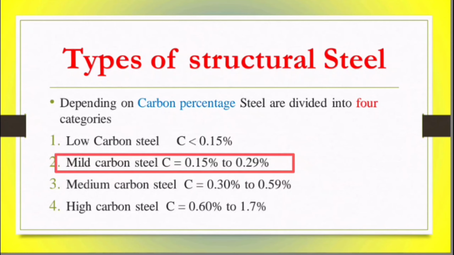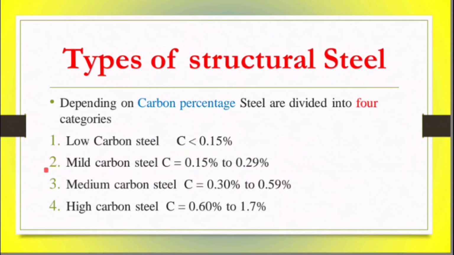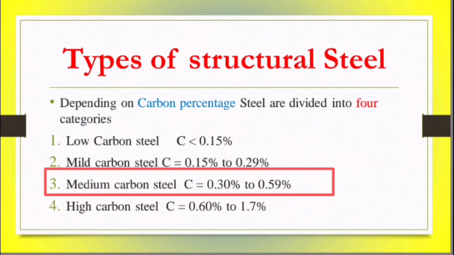These are widely used because they provide proper ductility, yield point, ultimate point, yield plateau, etc. The third type is medium carbon steel, when the carbon content is 0.3% to 0.59%. And high carbon steel is where the carbon content is equal to or greater than 0.60%.